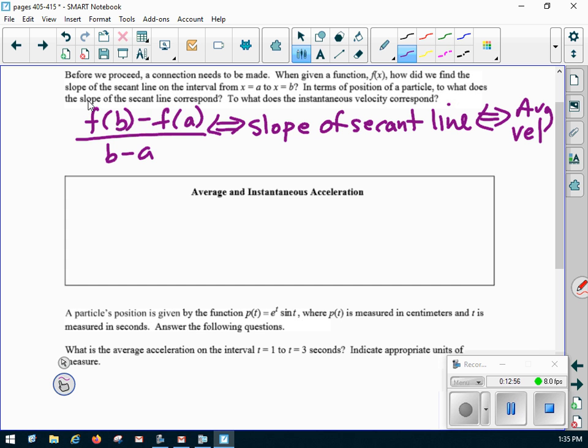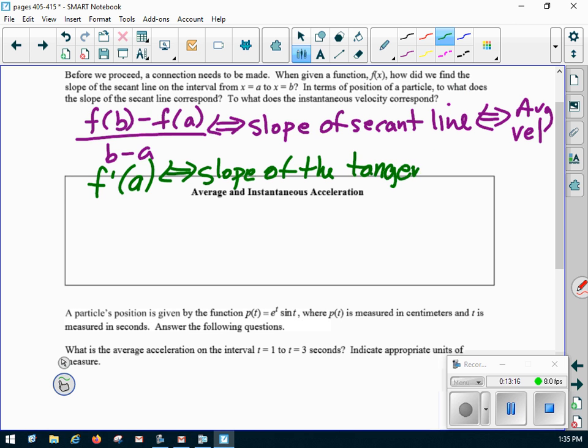To what does the instantaneous velocity correspond? The derivative, yeah. So f prime of a is the slope of the tangent line, which is instantaneous velocity. I'm spelling it right this time, instantaneous velocity.